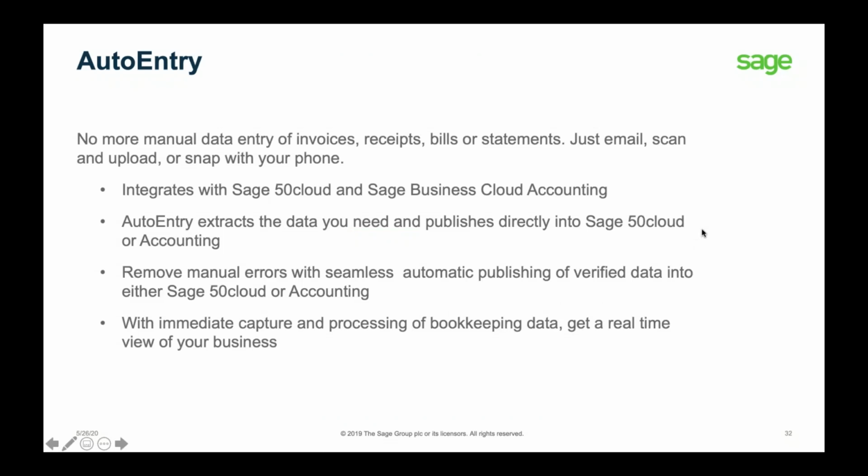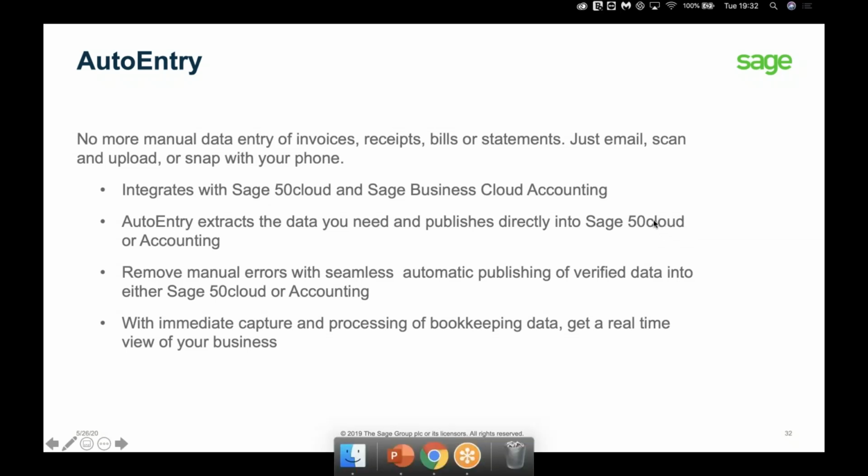Oh, and then our last bit is auto entry. Auto entry is an integrated app that integrates with both Sage 50 Cloud and our Sage Business Cloud accounting software. What it does is you can get rid of your manual data entry of all your invoices, receipts, bills, or statements.